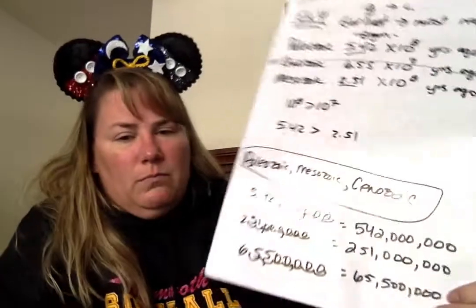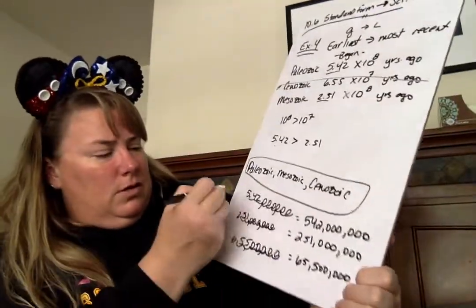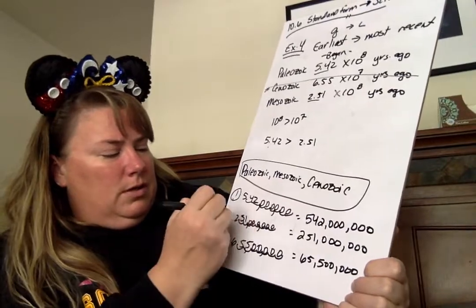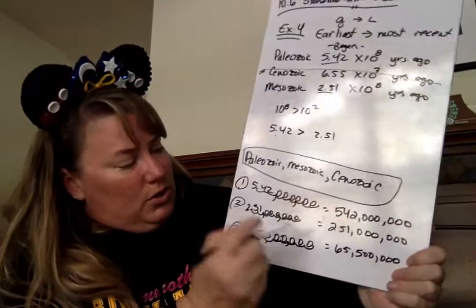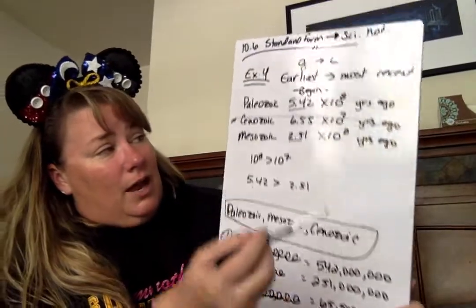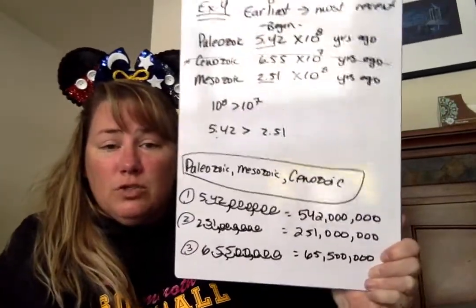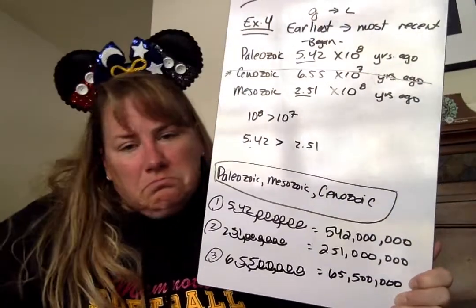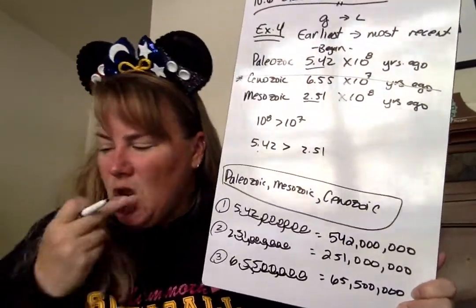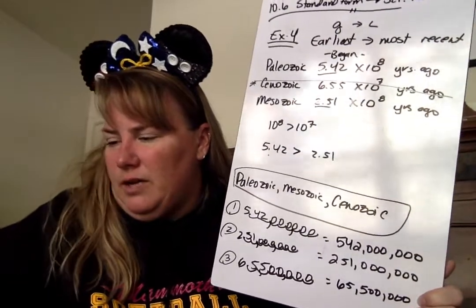And then you can compare them. Which one is the largest? Well, there's the largest. There's the second largest. There's the third largest. Also known as from greatest to least, the words they use from earliest to most recent. So you can do it a couple different ways. Okay, it doesn't matter. And I think that's about it for today.